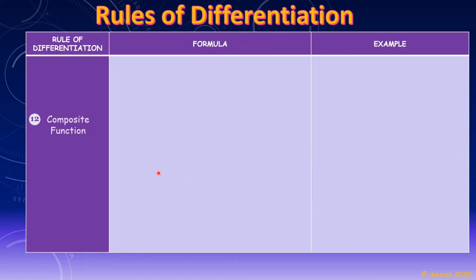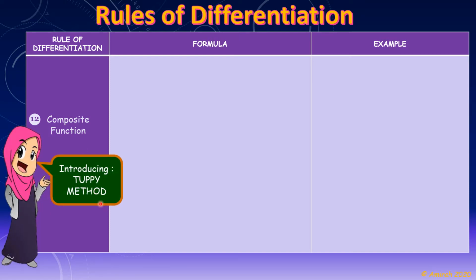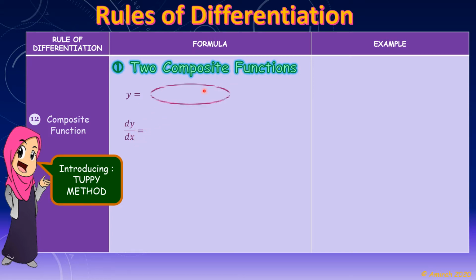Okay, to solve the derivative of a composite function, let me introduce to you the Tuppy method. If we are given y equals two composite functions, to find the derivative dy over dx, first we draw two circles, an outer circle and an inner circle.